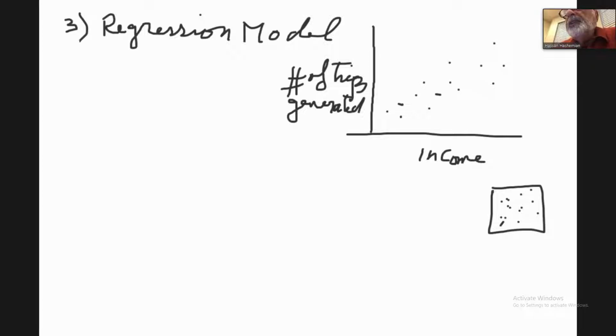Now, what the regression does is try to fit a line through these data that fits best. If I draw a line like this, it balances these. And if I write the equation of this line, that will be my model.